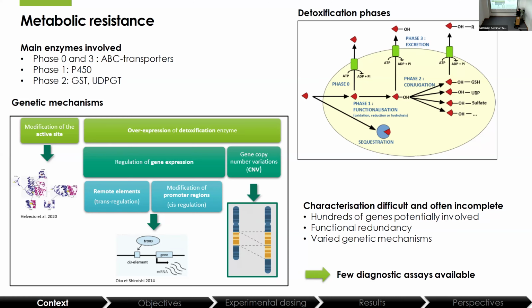You can have a punctual mutation in the active site of the enzyme, which makes it more efficient, or you can overexpress detoxification enzymes, either by a modification in copy number of the gene, or a modification of regulation of gene expression, either by a remote element in the genome, which we call trans-regulation, or a modification directly in the promoter region of the genes, which is called cis-regulation.